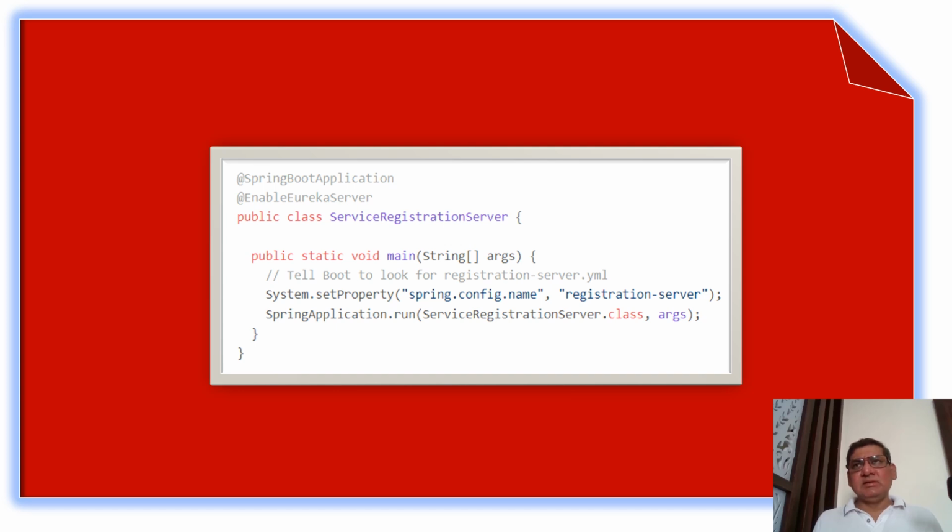On the screen, we can see the main class of the Spring Boot application. Here I have used two annotations: one is Spring Boot application, the other is enable Eureka server. Why we use the Spring Boot application annotation: if you want to develop any Spring Boot application, we need to write a class that has a main method, and that class should be annotated with Spring Boot application.